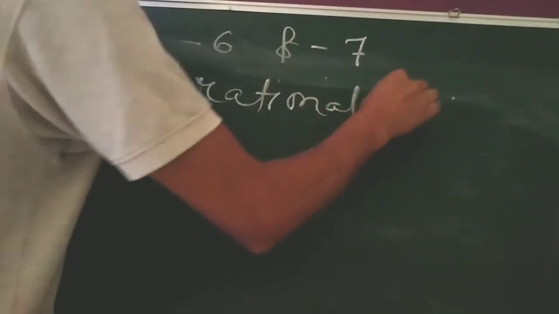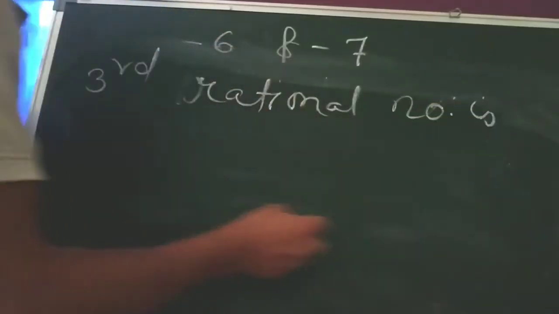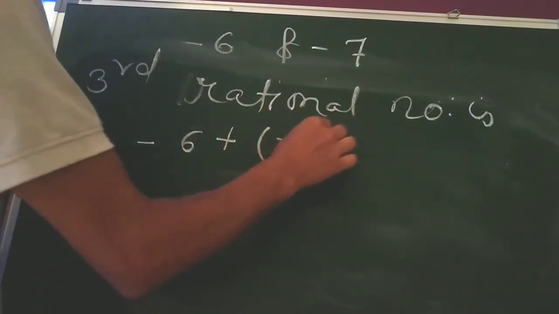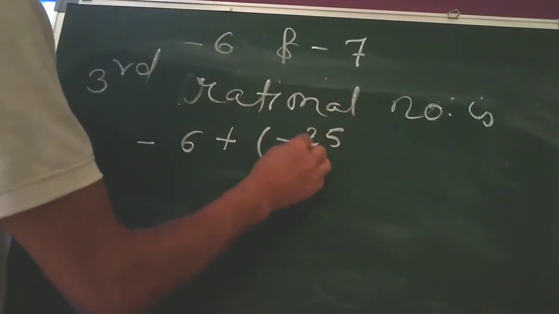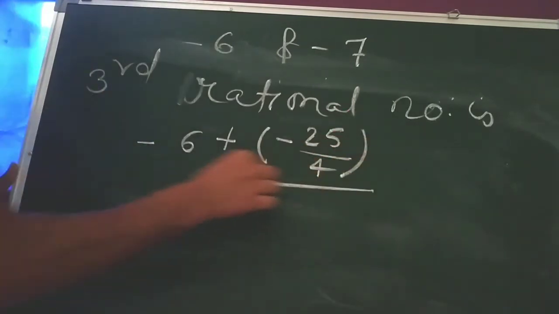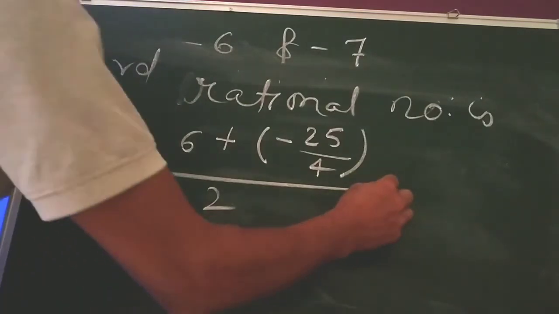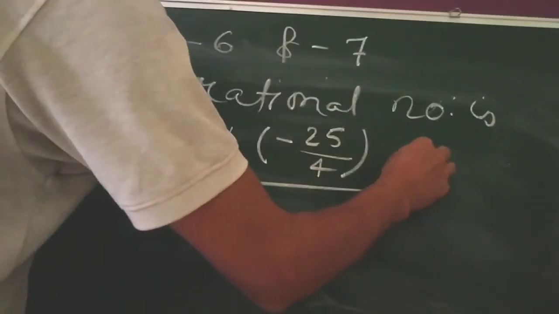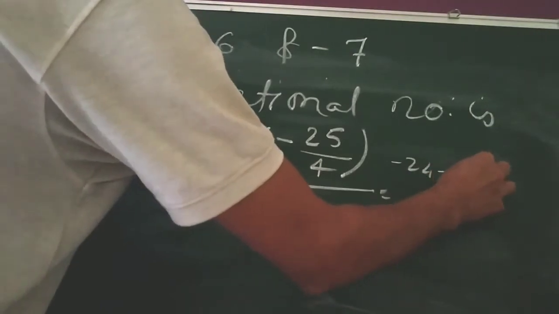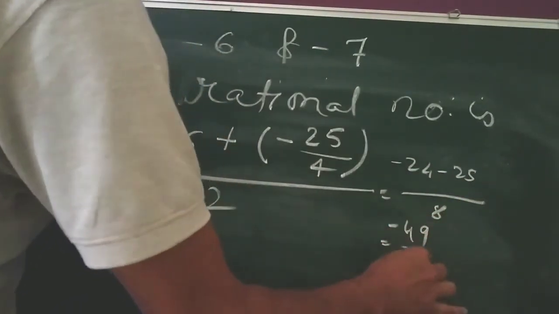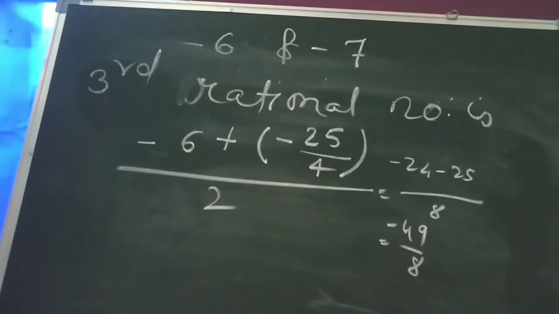The third rational number is minus 6 plus minus 25 by 4, divided by 2. Again we are finding the third rational number in the same way. Our answer will be minus 24 minus 25 by 8, it is minus 49 by 8. So it is the third rational number between minus 6 and minus 7.